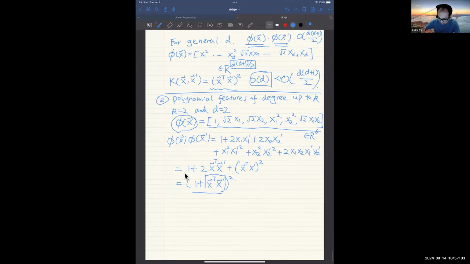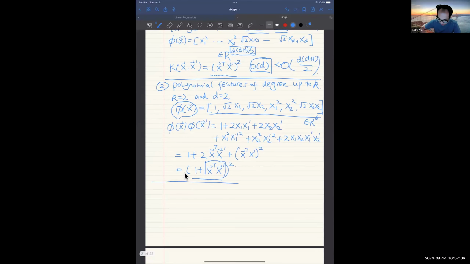For example, for more general d, this k(x, x prime) still works, and it's still something like that. In order to calculate this whole thing, it costs order of d. So this is significantly cheaper.